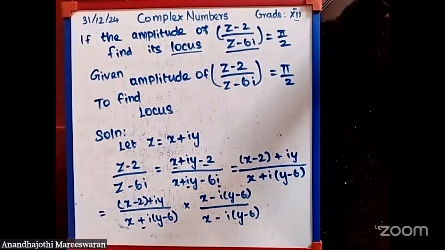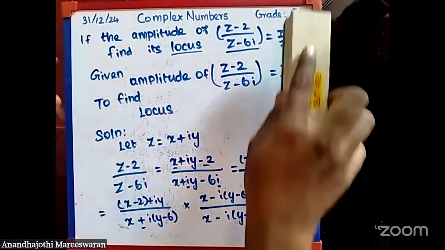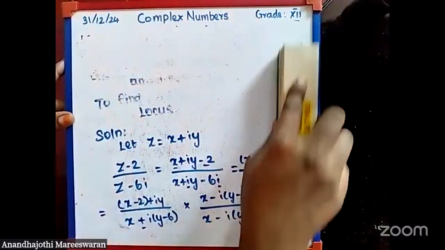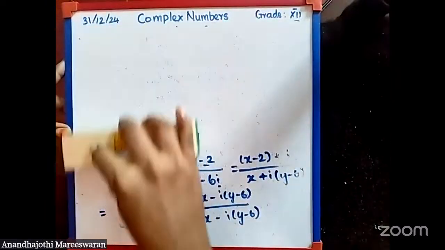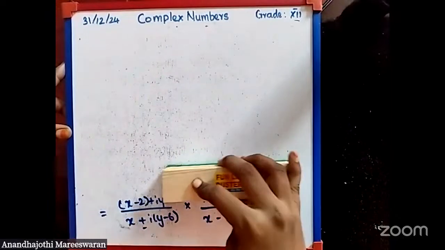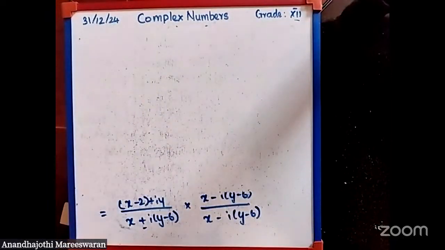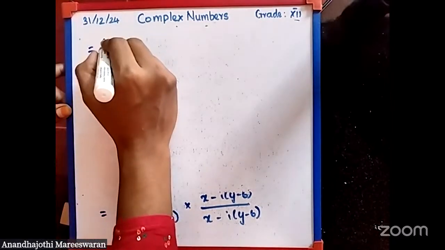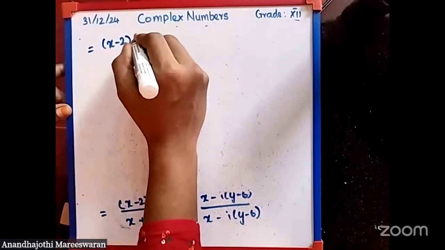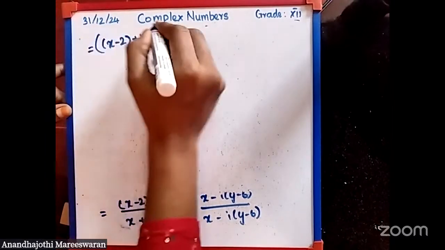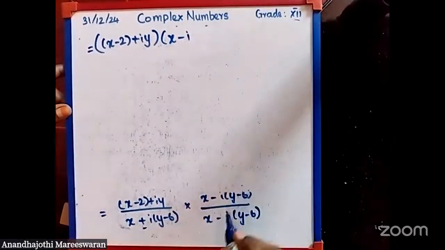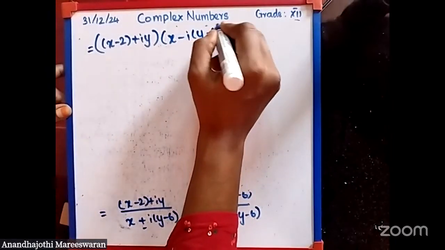Okay, guys, I hope that you copied this. Shall we move to the next step? Yes, of course. Shall we multiply this? What do we have here? (x minus 2 plus iy) multiplied by (x minus i multiplied by (y minus 6)).